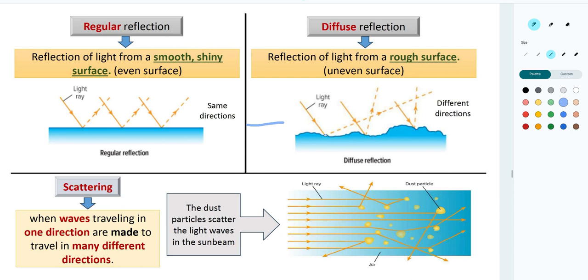So if I were to draw the normal here, it might be like that, because this surface is not parallel to the ground, let's say. Or here's my normal here, it would be like that, because again, the surface is not parallel going all the way across.